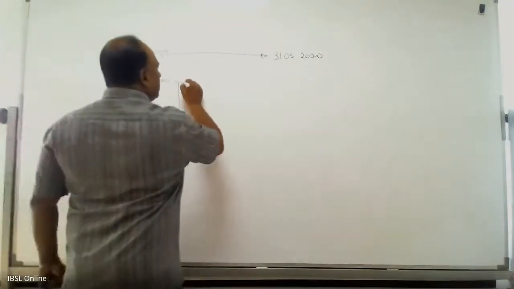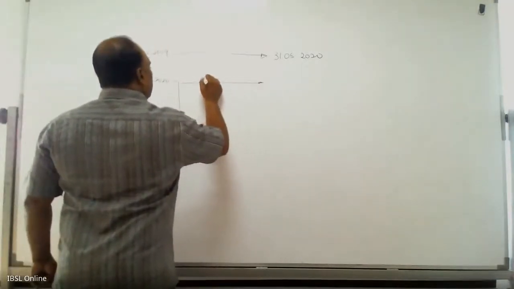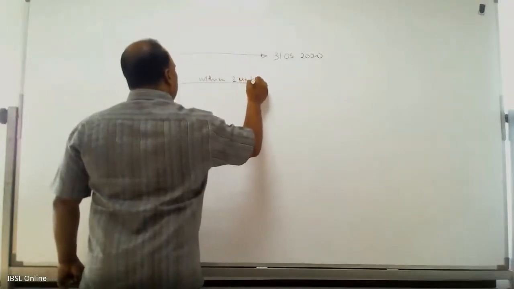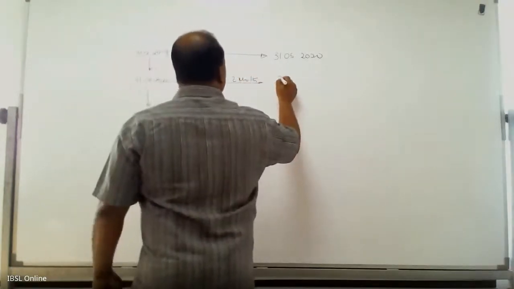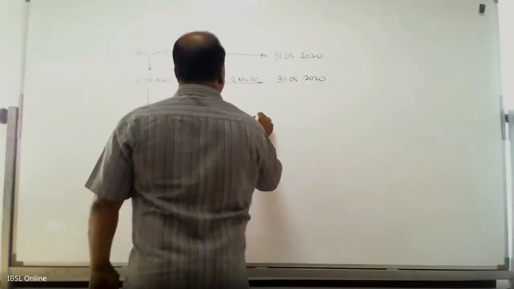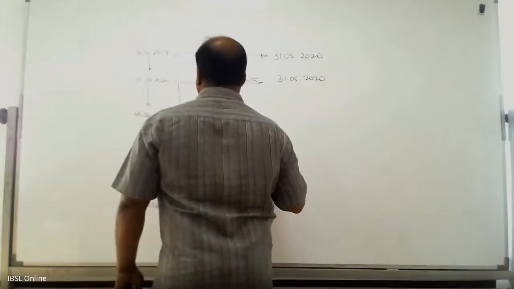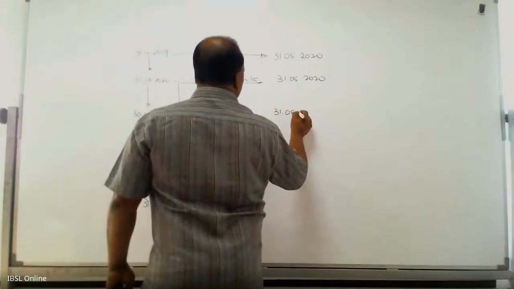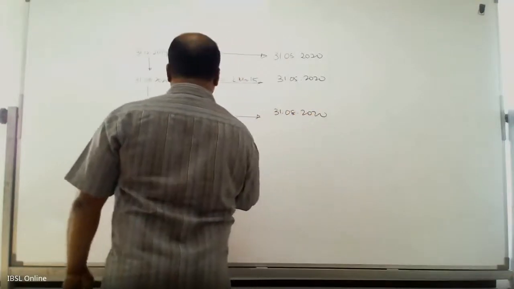So, when is this? Within 2 months. 2 months means you are given time till 31st May 2020. This is 31st August 2020.